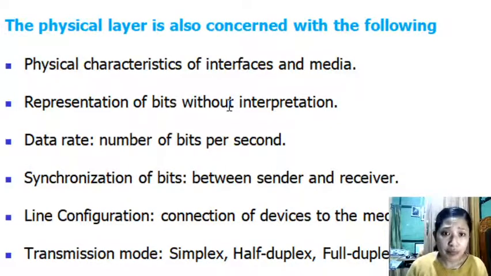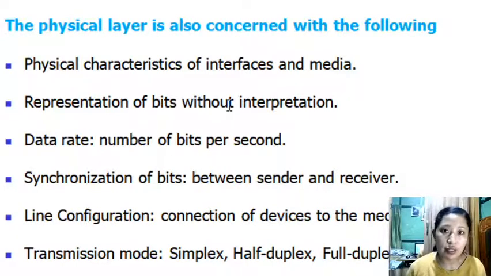Now, the next function is synchronization of bits. Remember that the sender and the receiver have to be synchronized at the clock level. That is, if the clock is high, then let us say the device is capable of sending and receiving. So once a bit is sent by the sender, it has to be received by the receiver when its clock is high.